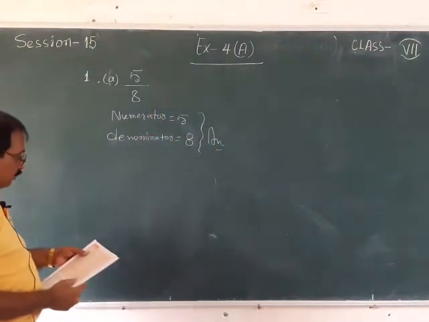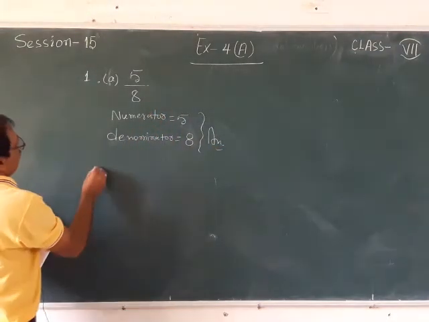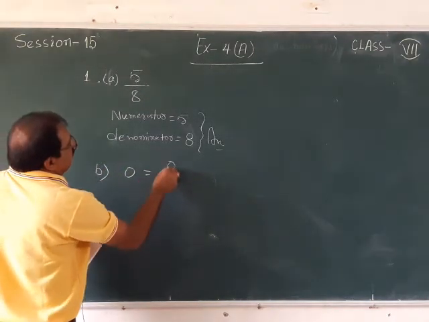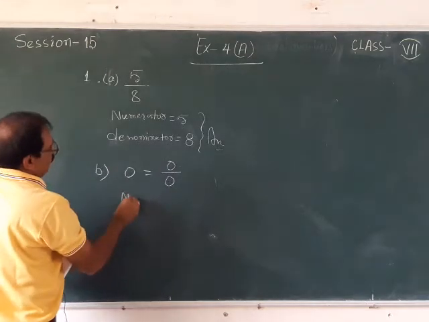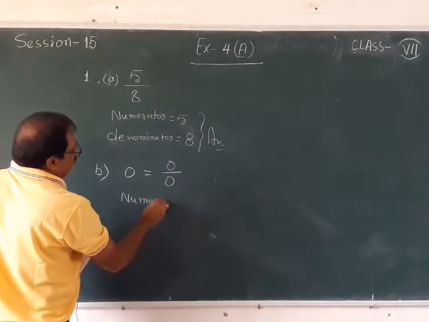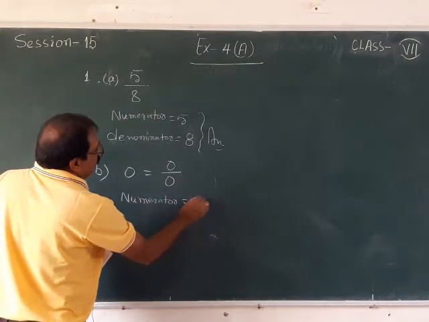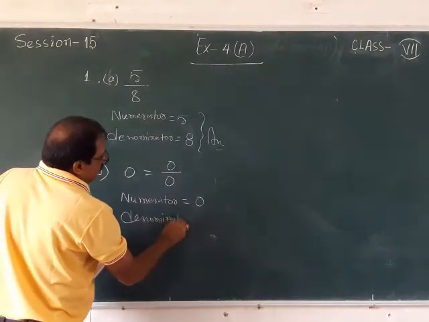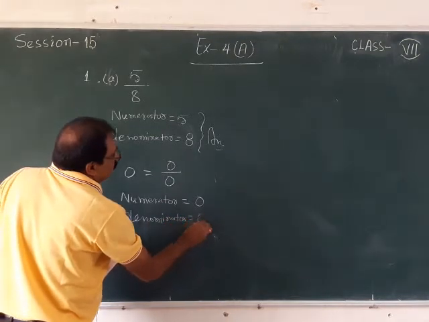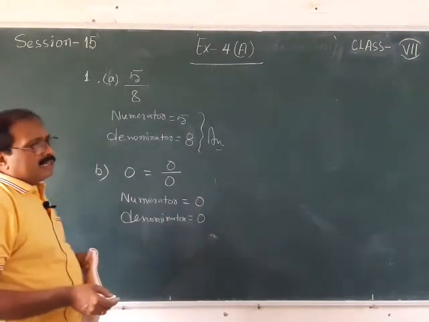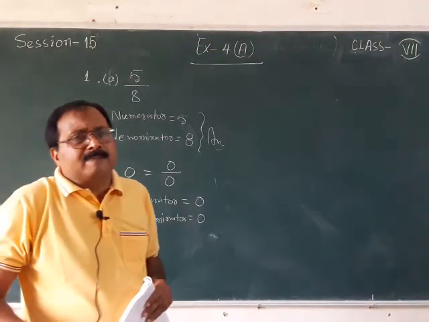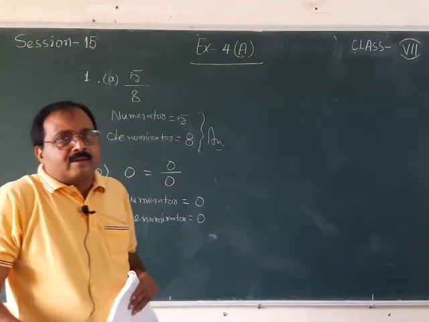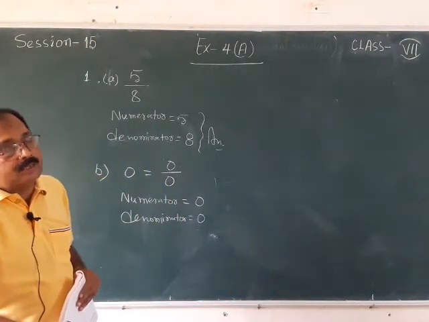So like that you can write numerator and denominator. Here suppose in part b it is 0. So 0 can be written as 0 by 0. So here you can write that the numerator is also 0 and the denominator can be 0, or here you can think that the denominator can be any number, because if you are dividing 0 by any other number, the result you are getting is 0 itself.